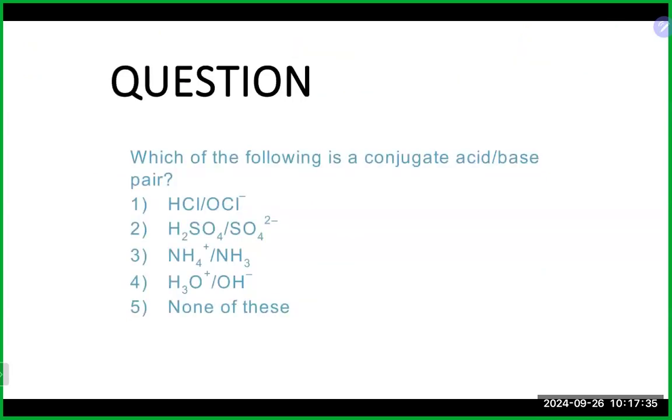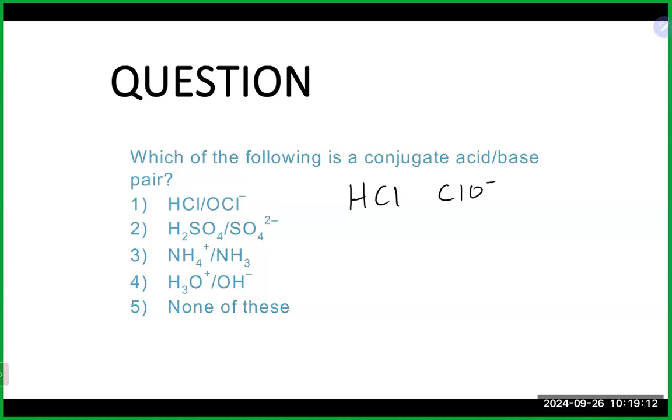All right, so I think we laid out the example there. I don't think we did the example, so let's do the example now. Which of the following pairs here are conjugate acid-base pairs? Okay, so let's take a look. We'll start with the first pair here. We have HCl and ClO minus.